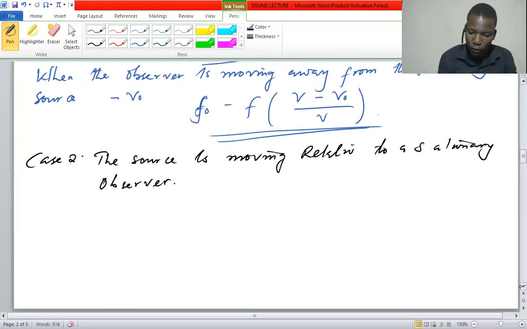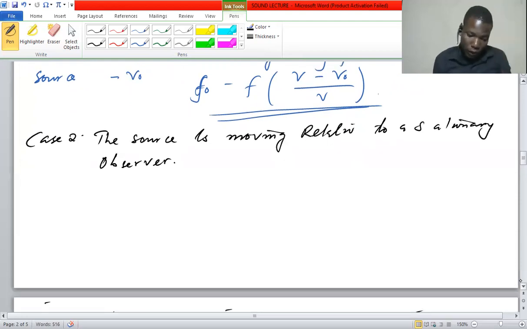So the observer is stationary and the source is the one that is moving here.